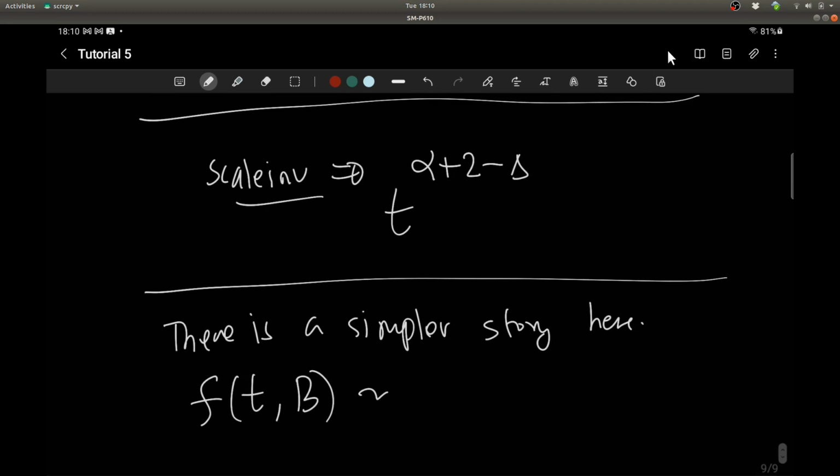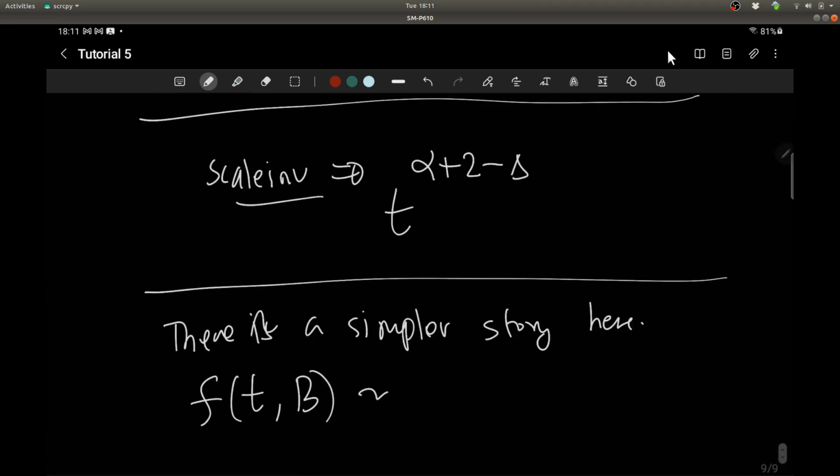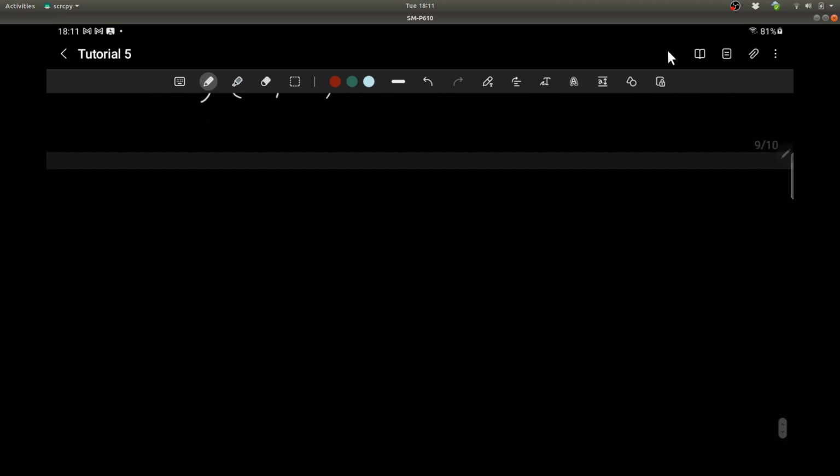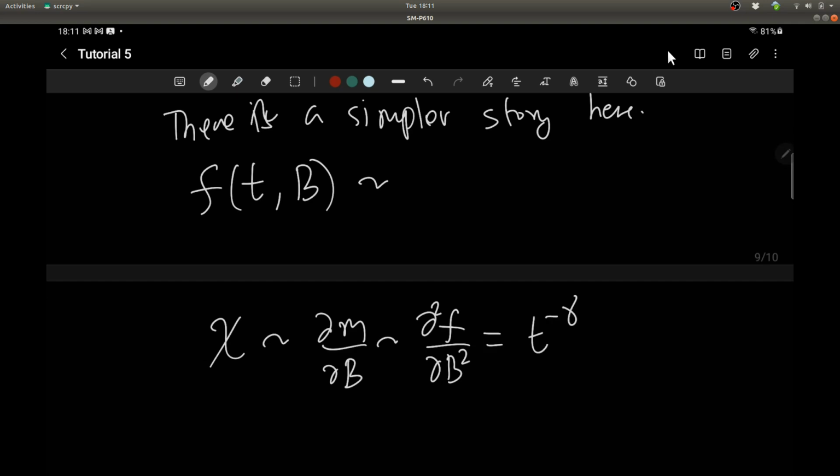So chi, which was just dm by db, right? Is that what it is? Which would be the second derivative. And this should go like little t power minus gamma. This is what we have, correct? This is what we get.